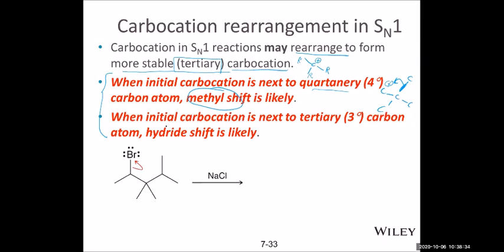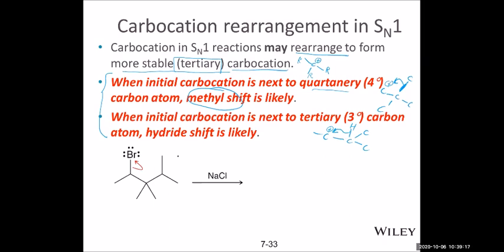The second rule: when the initial carbocation is next to a tertiary carbon, this carbon has three carbons linked and one hydrogen. Then this hydrogen, if relocated to the carbocation, will form a stable tertiary carbocation as well. So that's the pattern we notice in organic reactions when there's a nucleophilic substitution.